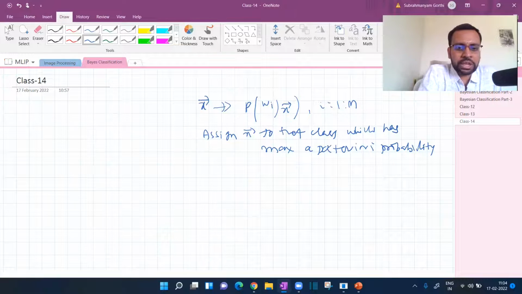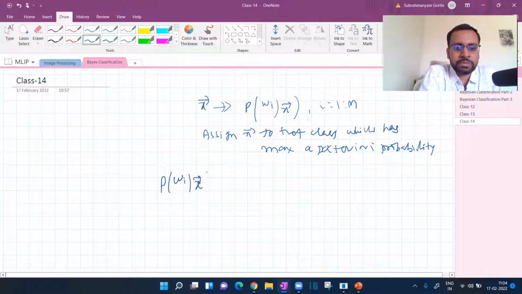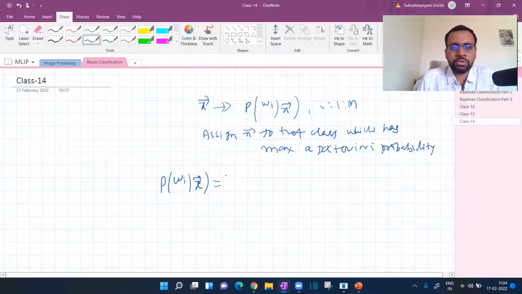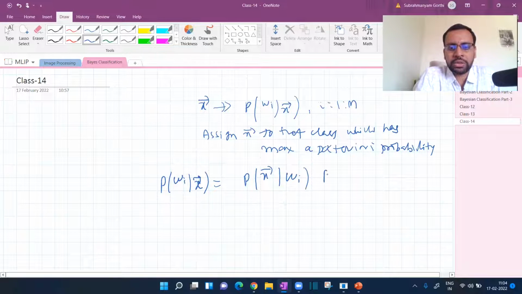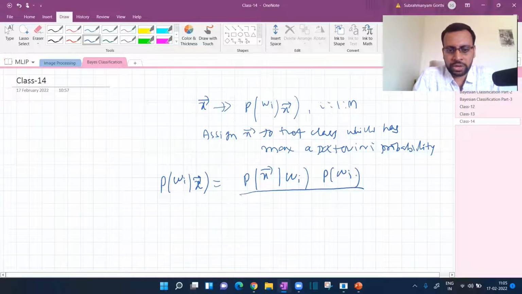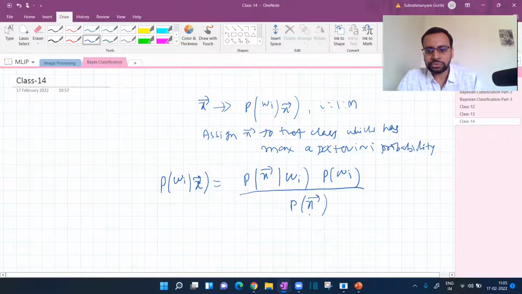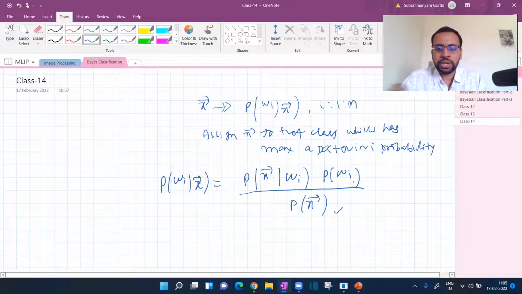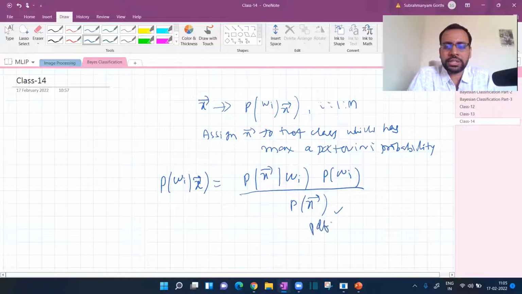Probability of omega I given x bar is equivalent to probability of x bar given omega I into probability of omega I, divided by probability of x bar. And P of x bar is simply the probability density function of x bar.